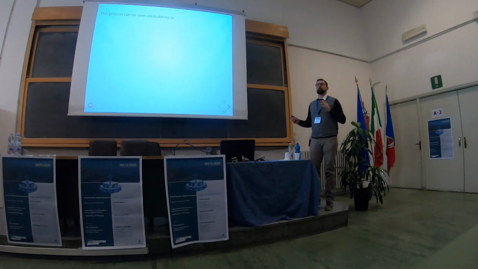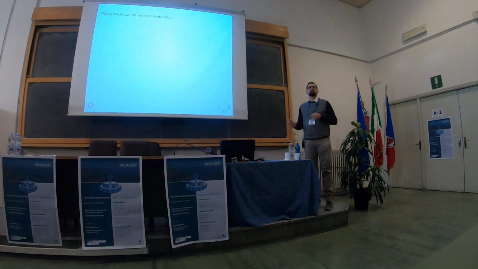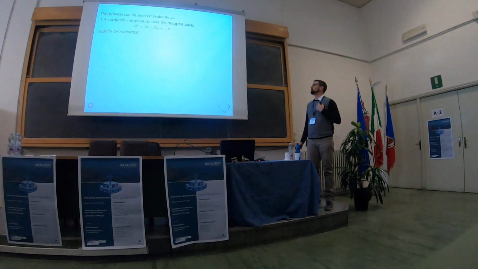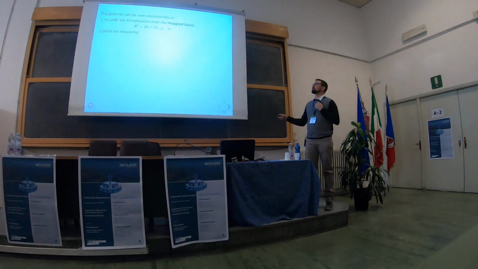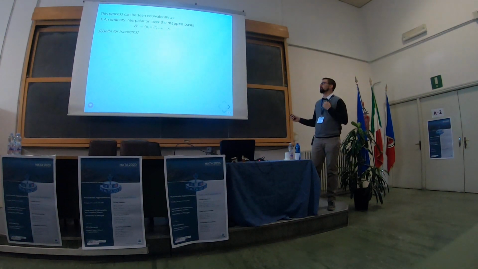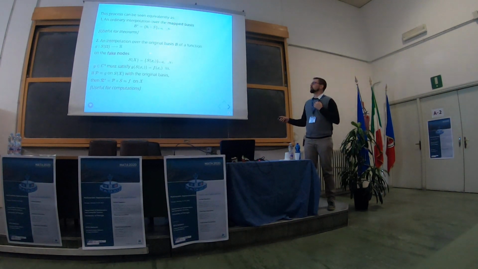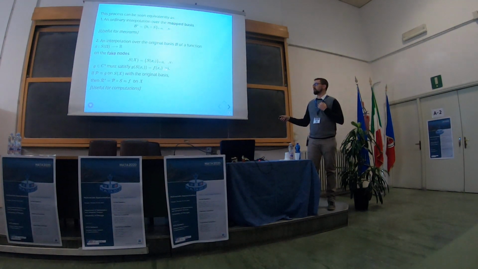This process can be seen dually in two different and equivalent ways. So we can say this is an ordinary interpolation over the set of mapped basis, or a strange interpolation over fake nodes. So an interpolation of another function g on the fake nodes, which I defined before in the code, and g must be of any given continuity and must satisfy this.